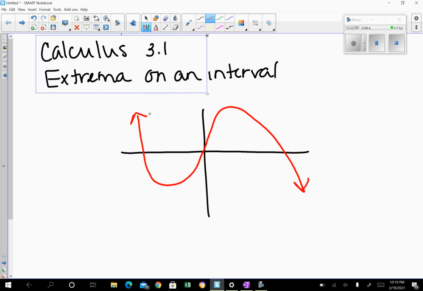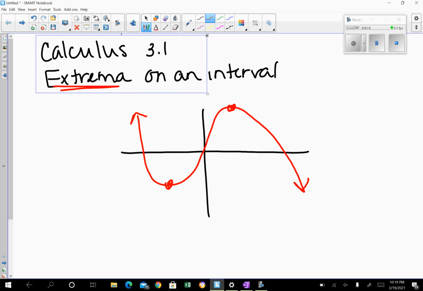And when we look at this function, this continues to go up forever and down forever over here. So it doesn't have an absolute minimum or maximum, but it does have relative minimums and maximums.